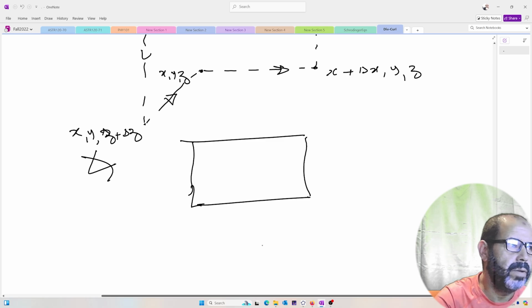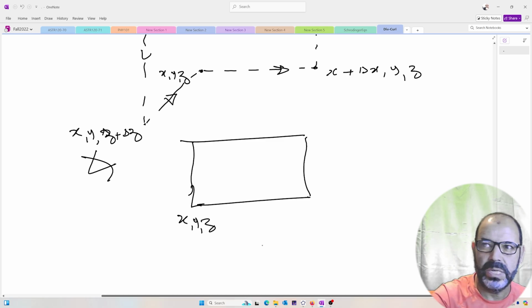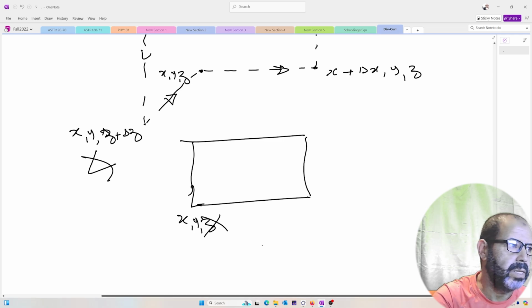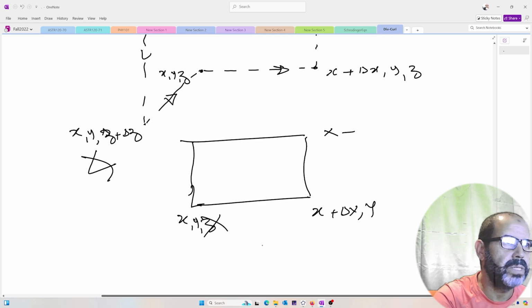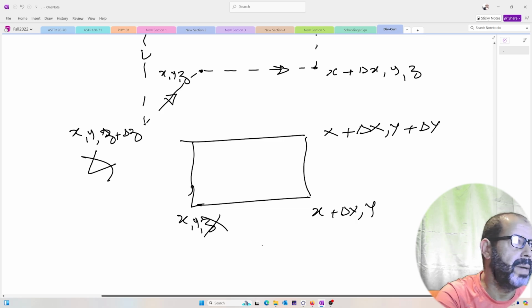We went from x, y, and z. Z is in and out of the screen, so we don't see it at all, so we're not going to write it down. So it's going to be x plus delta x, y, and then we went to x plus delta x, y plus delta y, and then we went back to x, y plus delta y, and back to where we started from. So this is how it looks when I project it in here.